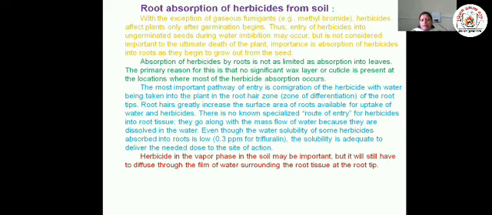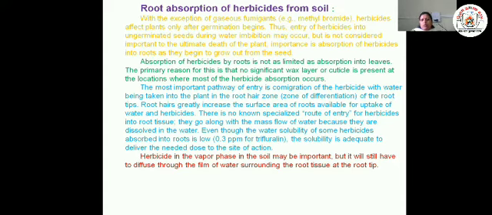Root hairs are a very important part of the root, increasing the surface area of the roots available for the uptake of water and herbicides. There is no specialized way of entry for herbicides into the root tissue. They can go along with the mass flow of water because they are dissolved in water.